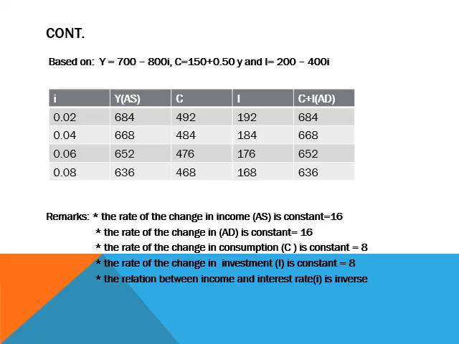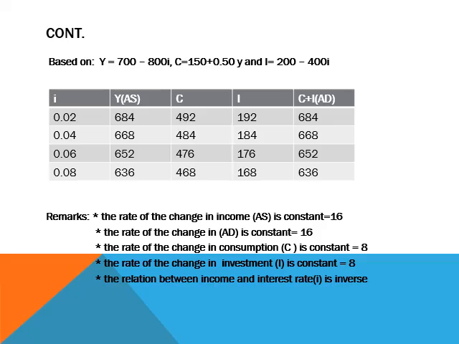So we will get Y equals 700 negative 800 times 6%. So we got Y equal 652. Once income equals 652, then we can determine consumption.